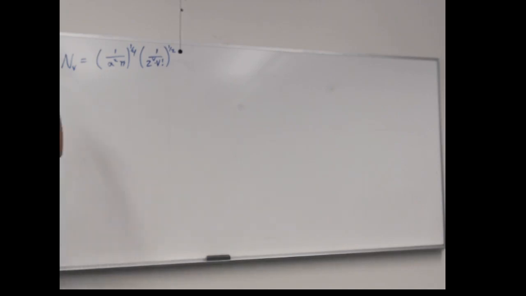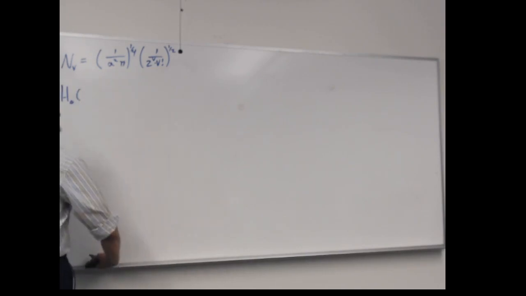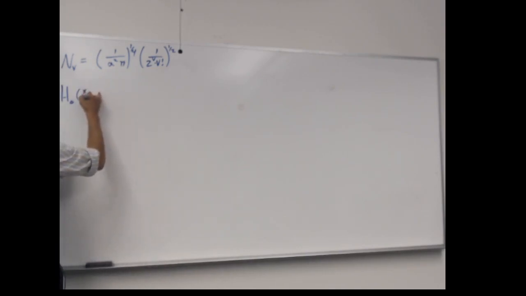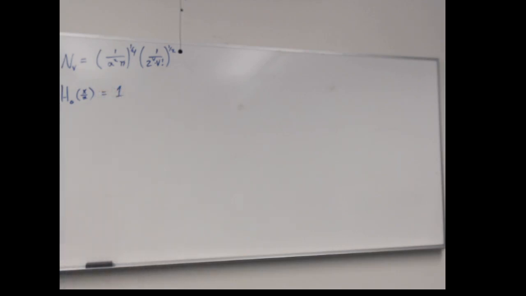So that's that. And then the Hermite polynomials, the interesting thing with these is it's actually a series that we can generate. So if we have, and I'm just going to write it like this, H0 of x over alpha, and again, this is where they do that funny thing where they plug in y. I'm just going to keep it as x over alpha. It's just equal to 1.